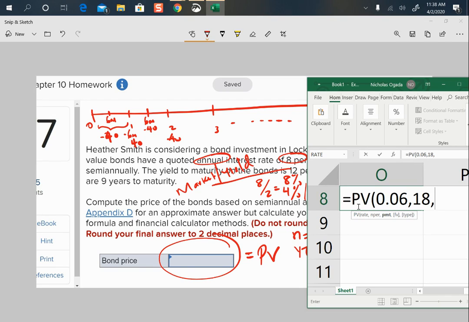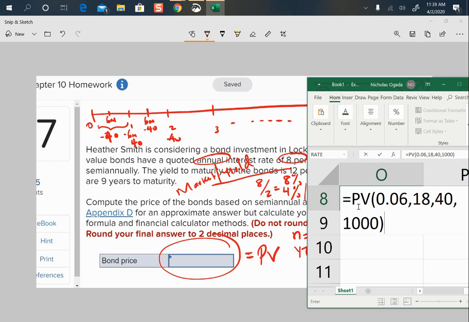The payment that you'll be receiving, you're going to earn interest revenue if you're the bond holder here, and we know that you'll be earning $40 every period. And then at maturity, you're also going to have a cash inflow. You'll also receive the face value of the bond, which is $1,000.